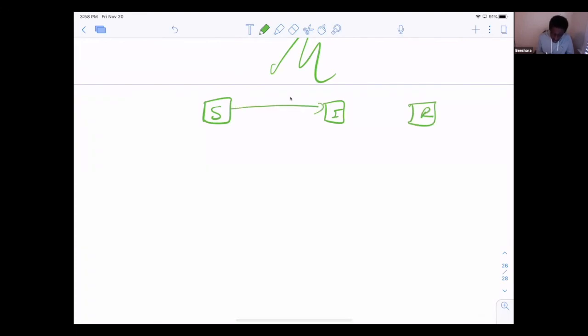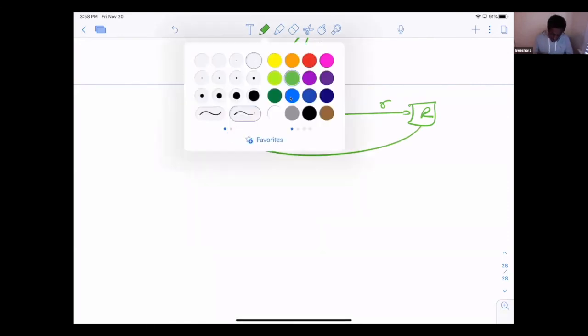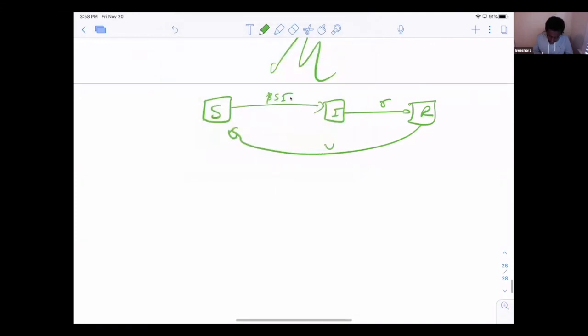So here we have beta S i, gamma, and suppose that we have something like this, right? Let's say, I don't know, nu.